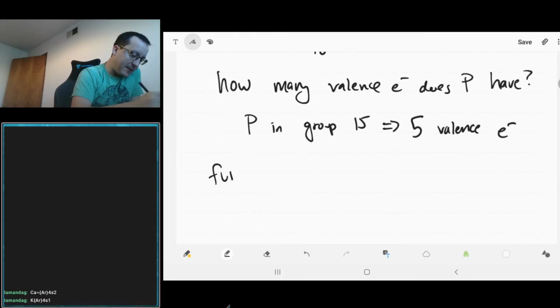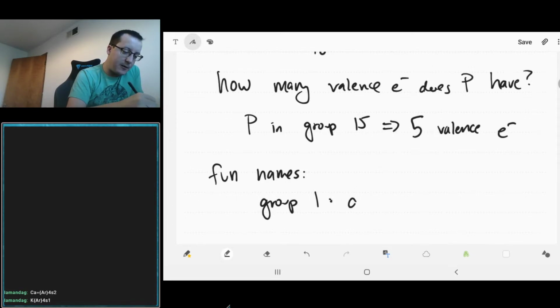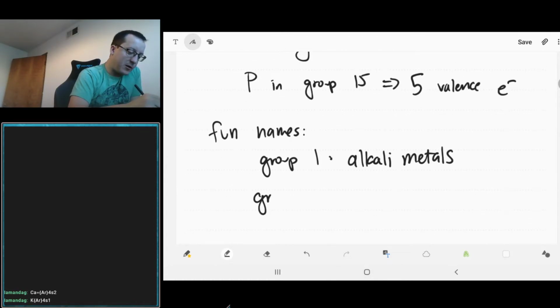Alrighty, we also have some fun names to learn. Group 1 is also known as alkali metals. Group 2 are what are called alkaline earth, if I could spell that correctly.